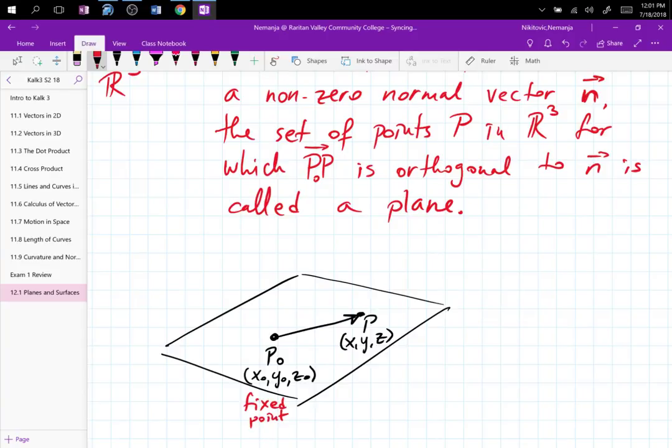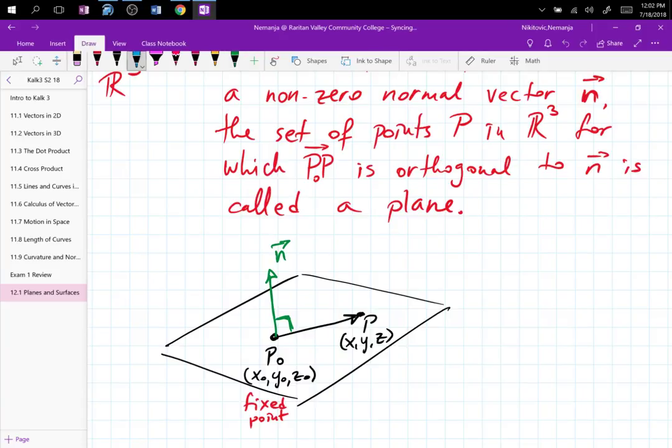So you have that one fixed point, P0, with values given. Now, we have the normal vector n, and there is a 90-degree angle between these two.